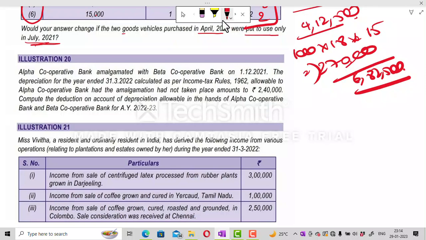Next question. Alpha Cooperative Bank amalgamated with Beta Cooperative Bank on 1/12/21, December 1st. The depreciation for the year ended 31st March 22, calculated as per income tax rules, allowed to Alpha Cooperative Bank had amalgamation not taken place, amounts to 2.4 lakhs.